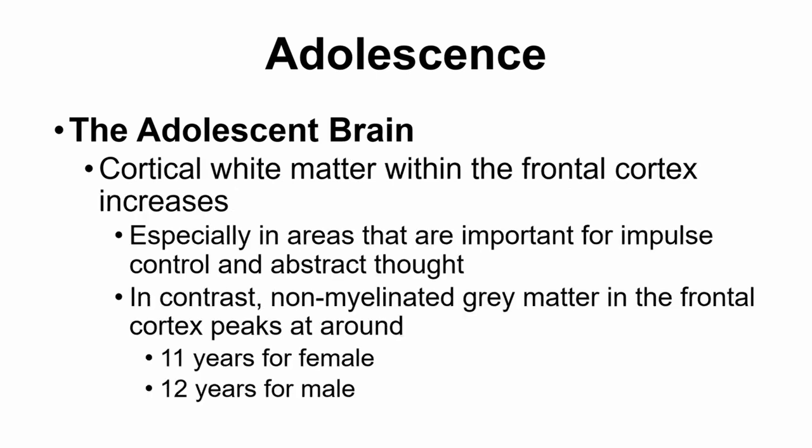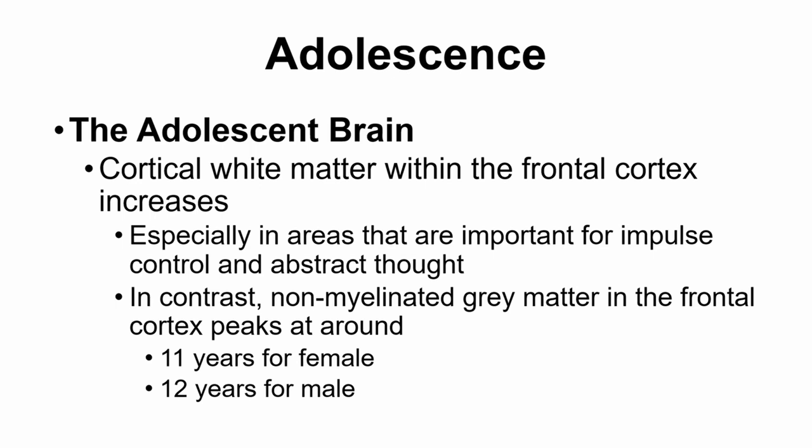And like I stressed, a lot of these later changes are occurring in the frontal lobes. Those are the areas responsible for impulse control, more abstract reasoning, thinking about consequences of your actions, as well as personality and a whole bunch of other things. That's an area with lots and lots of associations that pulls a lot of information from other parts of the brain to make these critical determinations.